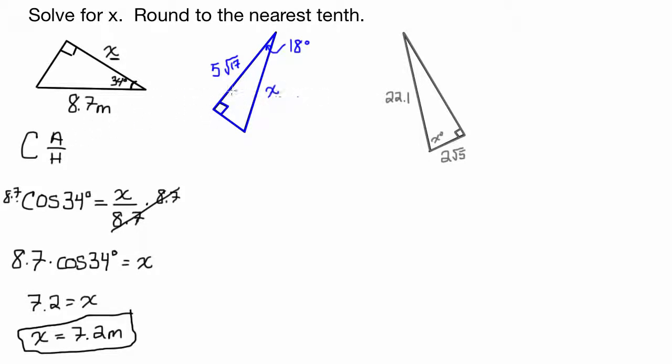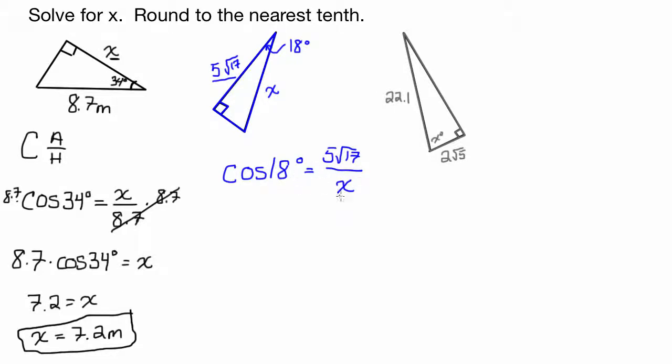Okay, so now for this one, again, we're going to use cosine, because I told you we're using cosine for all these problems. We have this angle is 18 degrees, the hypotenuse is x, and the adjacent side is 5 root 17. So the cosine of 18 degrees equals adjacent, which is this side right here, 5 root 17, over hypotenuse, which is x.